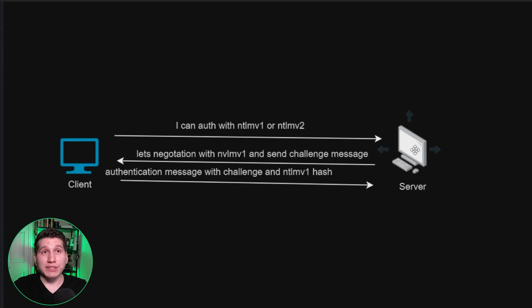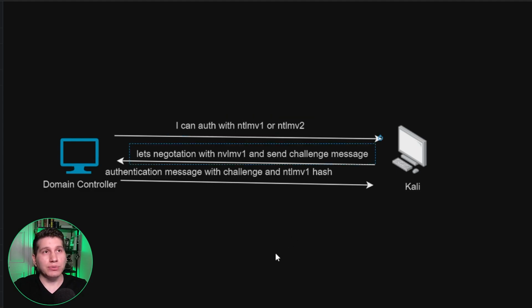What we're going to do in the attack is that the server is actually going to be the Kali machine, our attacker controlled machine, and the client is going to be the domain controller. Once the domain controller makes a connection to our server and tries to authenticate, and says, hey, I can authenticate with NTLM version 1 or NTLM version 2, we're going to say, hey, let's pick the lower option, NTLM version 1, which is less secure.